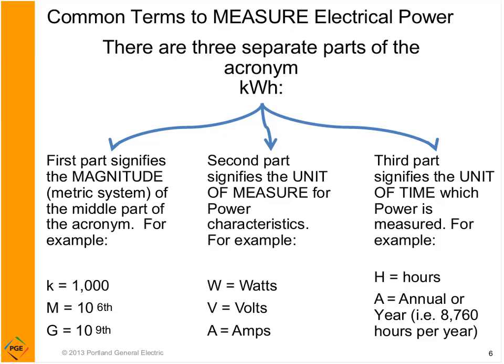So 8760 is a really useful number. If you ask your staff what's going on and they say, well, it's on about half the time, it would be half of 8760. So that's a pretty useful number. Three-part acronym, kWh. About 90% of your bill is going to be kWh times a price.